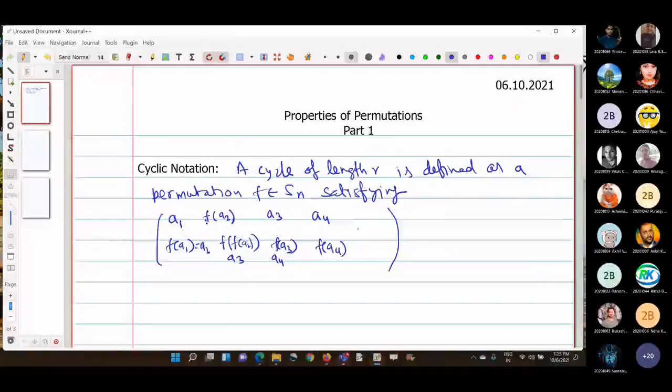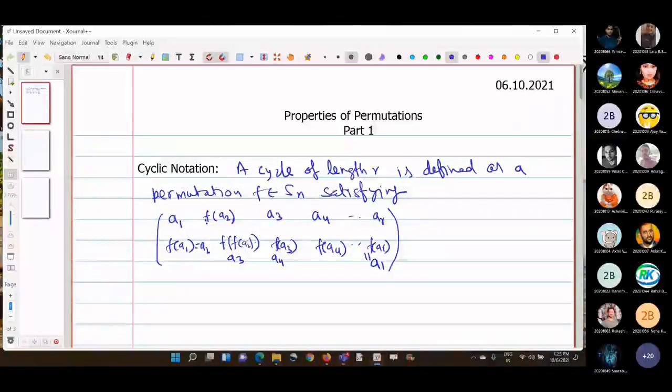We will continue like this. Okay, so finally, after suppose ar, the image of ar is f of ar, and suppose f of ar equals a1, then this makes a cycle.